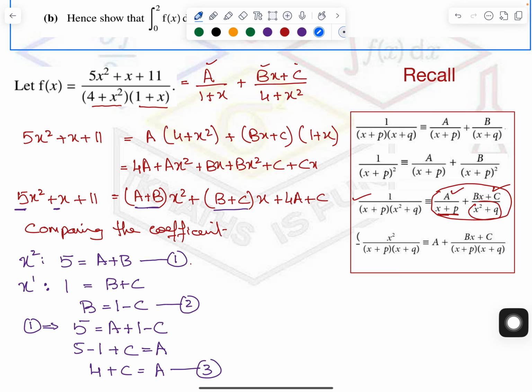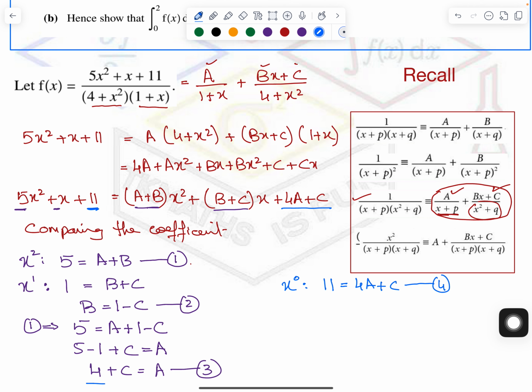Changing the color to make it look a little different. Now I'm comparing the coefficient of x to the power 0, which is the constant. This side I have 11 and this side 4A plus C. So 11 is equal to 4A plus C. Let's call it equation 4 and we can solve equations 3 and 4 together.